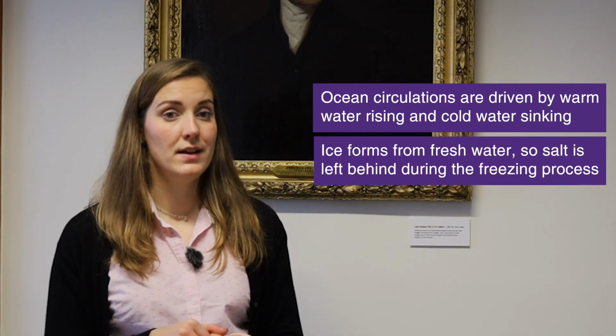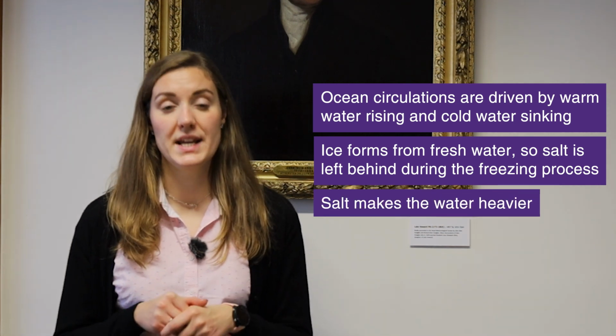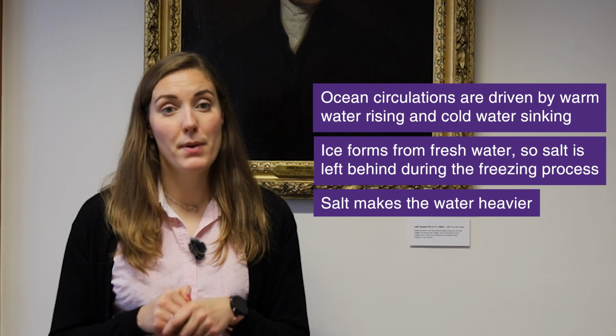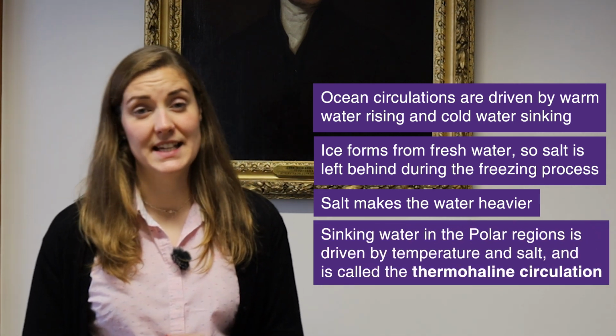The large-scale circulation of the oceans is similarly driven by warm water rising and cold water sinking. In addition to this, where ice forms in the polar regions, it forms from fresh water, leaving its salt behind. This salt makes the water even saltier and heavier.